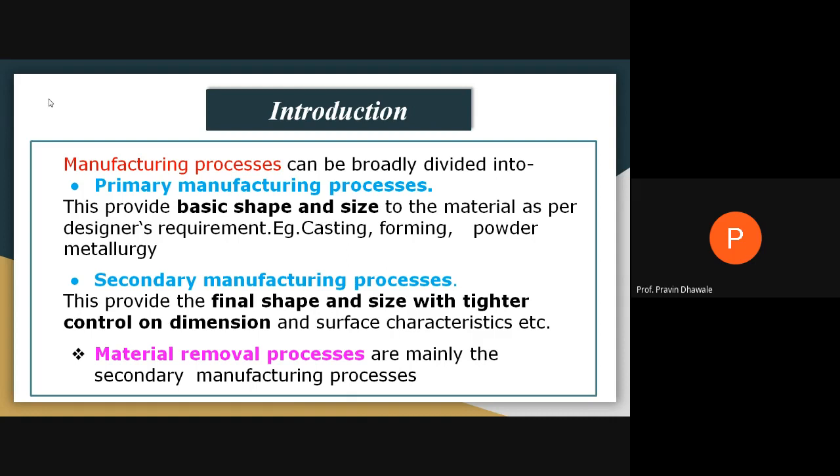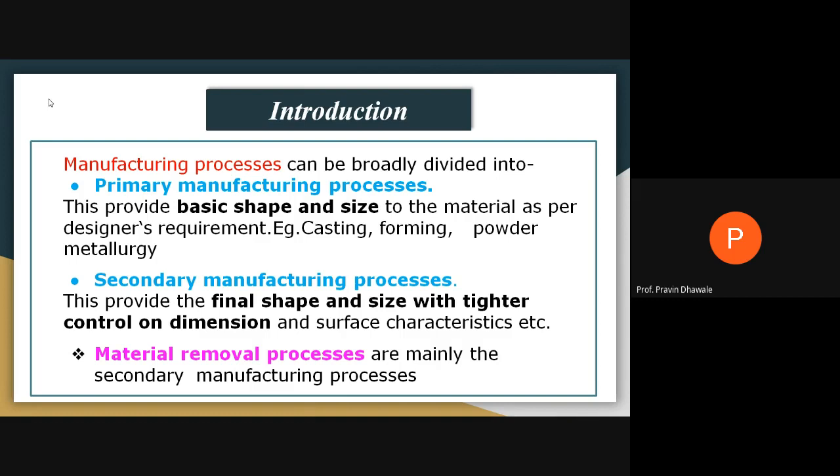So whatever the material removal processes are there, all come under the category of the secondary manufacturing process. Means turning, drilling, milling, grinding, by which we can remove the material from the workpiece in order to provide a final shape with a good surface finish to the workpiece.